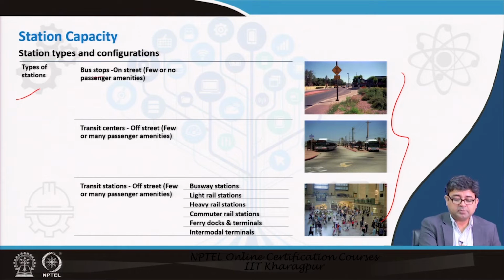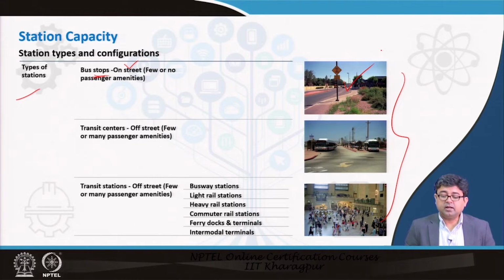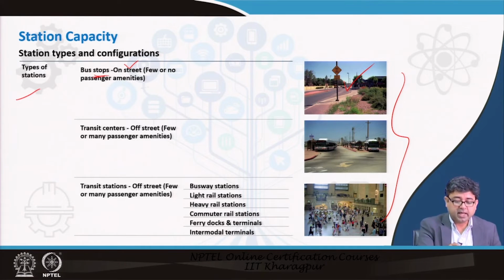One is called stops. So, bus stops, they may be on-street bus stops. They may be just a sign mounted on a light post or something like that, and that's also a station. I mean, that's where people get on and off a bus.